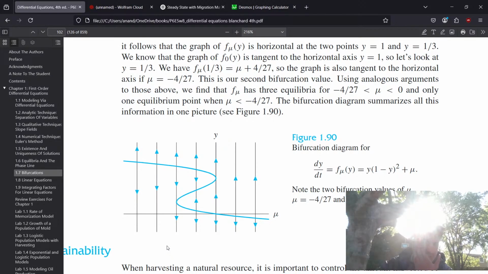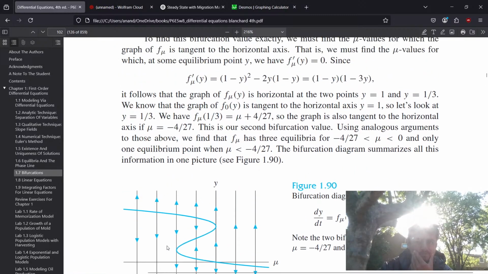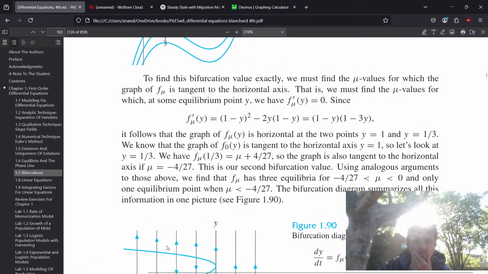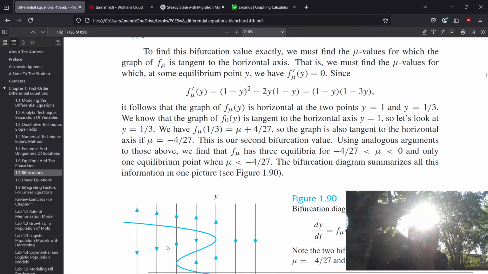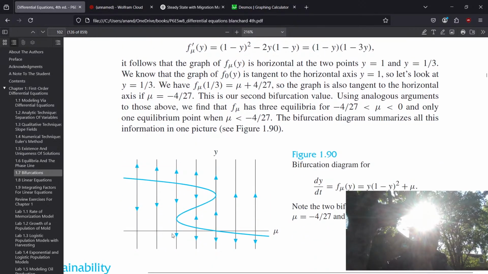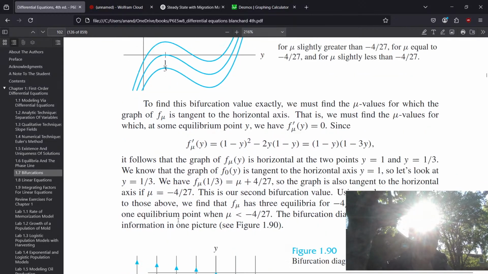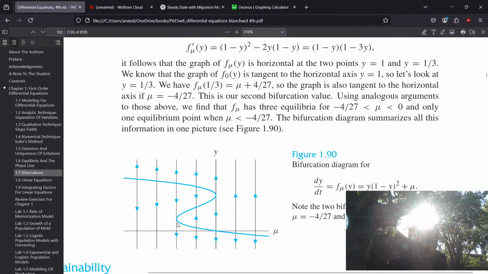Oh, that's a crazy plot. Yeah, that's a wild plot. So there's like a zone where there's 3.